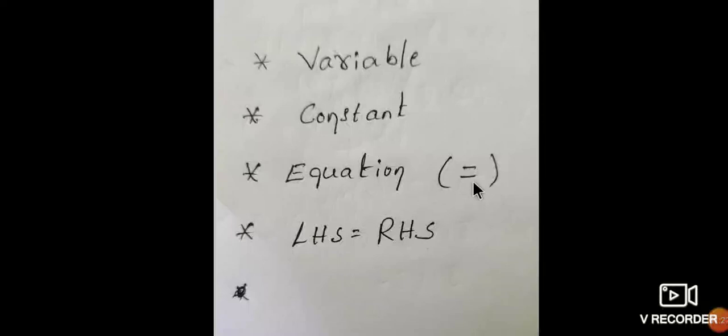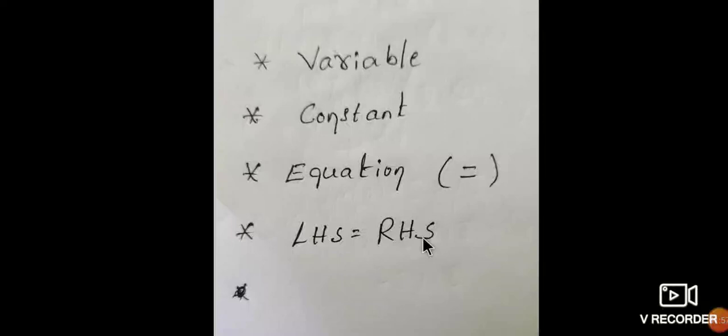Along with that, LHS is equal to RHS. That means left hand side value is equal to right hand side value. So these are the things we studied in our previous class, and also we solved examples of exercise 4.1.